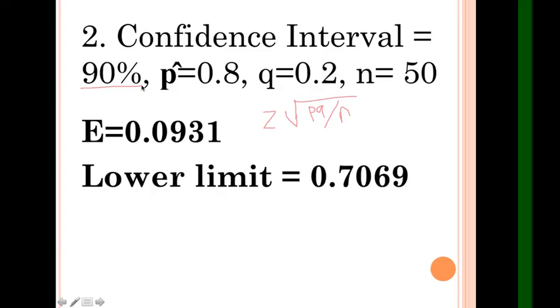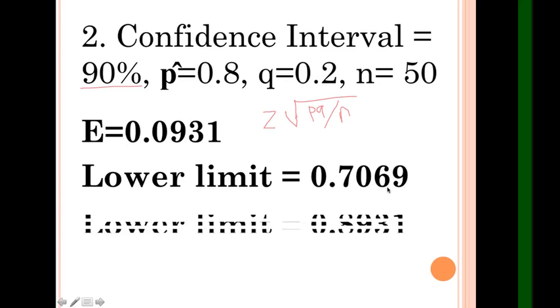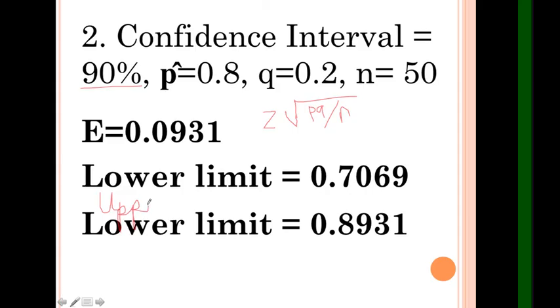And for the lower limit, we have 0.7069. How? Paano nakuha ito? So we have P hat 0.8 minus 0.0931, and you will get 0.7069. And for the upper, I'm sorry, this is the lower limit, not the upper limit. I forgot to edit this one.